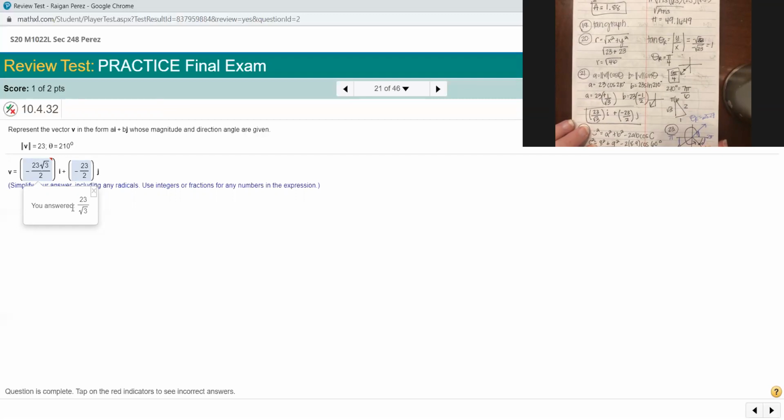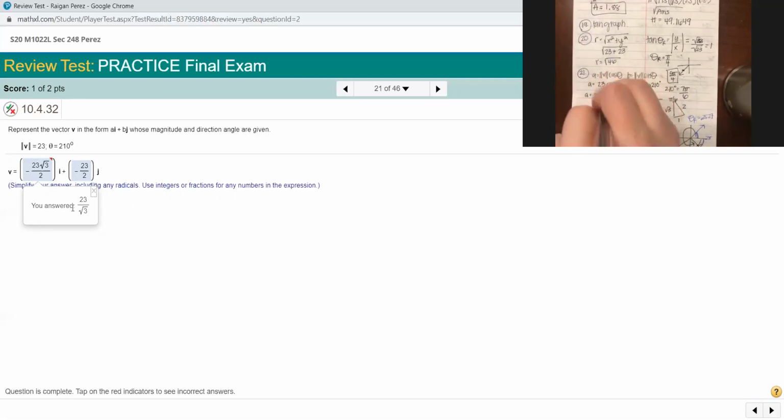Okay, I answered 23 over square root of 3. It was supposed to be cosine of 210, square root of 3 over 2. Yeah, the square root of 3 is definitely supposed to be at the top because it's cosine. So I just wrote that wrong.